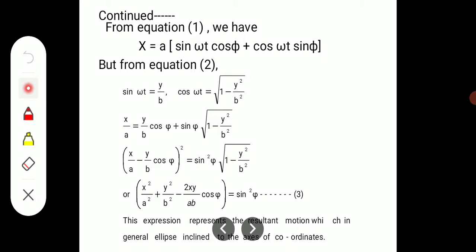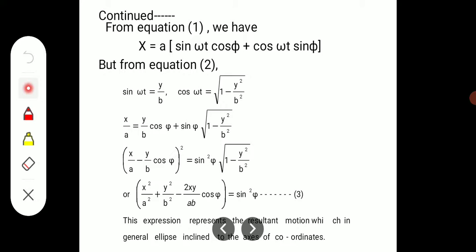So from equation 1, we get x equal to a sine omega t into cos phi plus cos omega t into sine phi. But from equation 2, sine omega t is equal to y by b. Similarly, cos omega t is equal to square root of 1 minus y square by b square. Then we substitute sine omega t and cos omega t in this equation. So we get x by a is equal to y by b cos phi plus sine phi square root of 1 minus y square by b square.